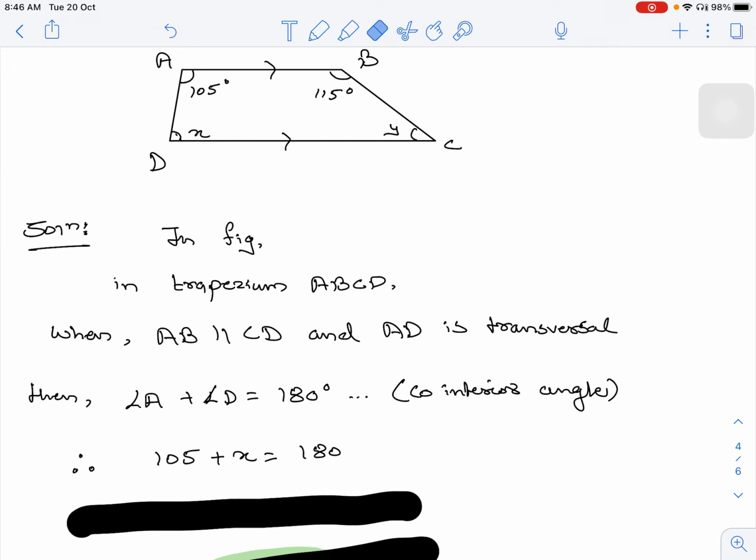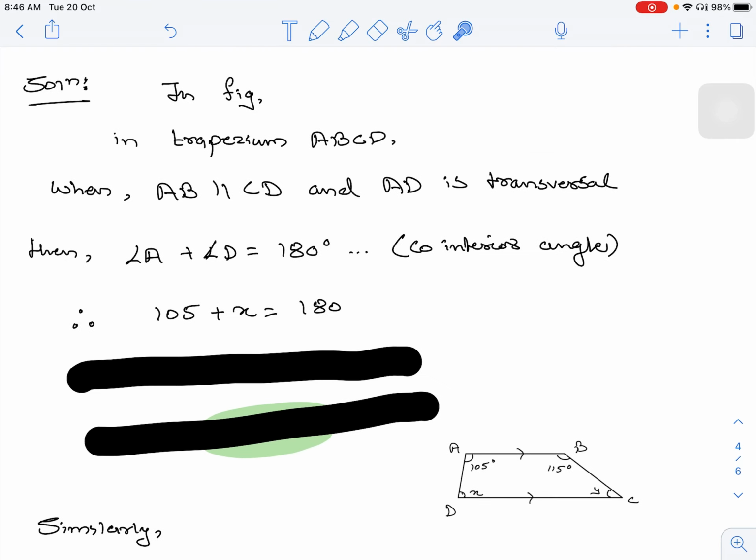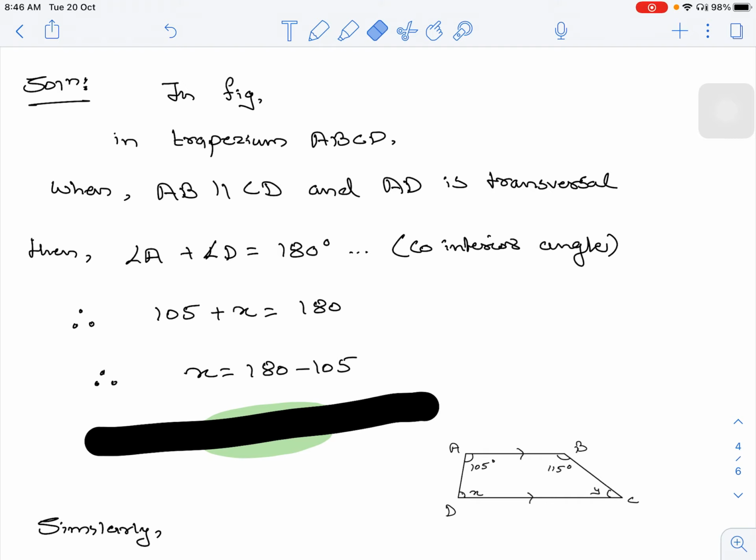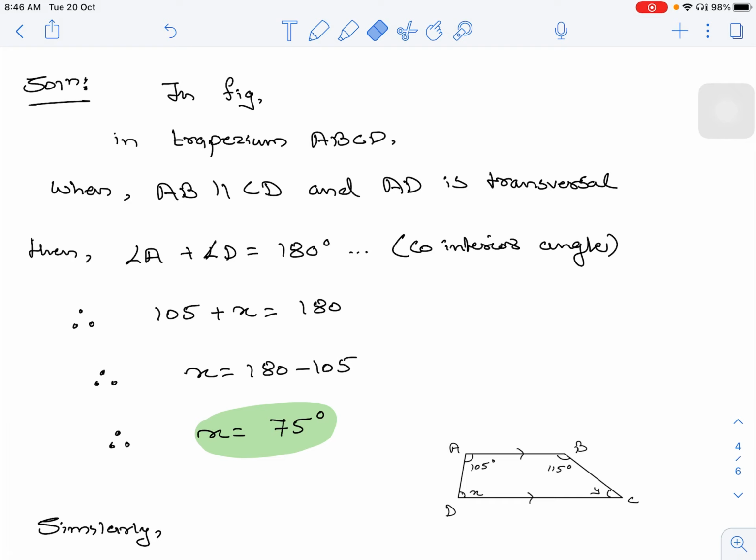So in the next step, what do we get? 105 plus X equals 180. Now what we have to do? We will keep this X on one side, remaining all the numbers on the other side. Okay. So if this 105 comes on this side, it will be subtracted. So in the next step, you will get X equals 180 minus 105. Therefore, X equals 75 degrees. So this is our answer.